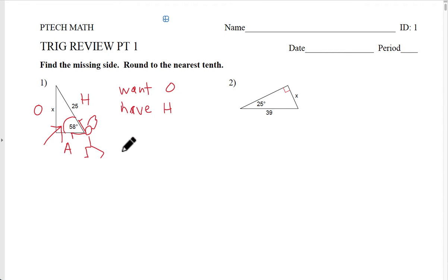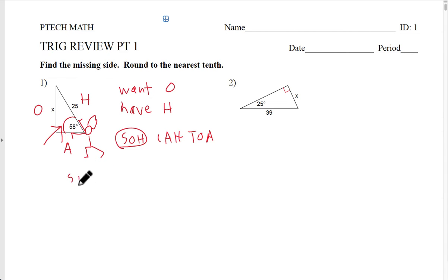So based on that now, the next step is to say, is it going to be SOH, CAH, or TOA? Which one of these are we going to use? Well, based on the fact that SOH is the only one that has the O and the H, it has to be this one that we use.